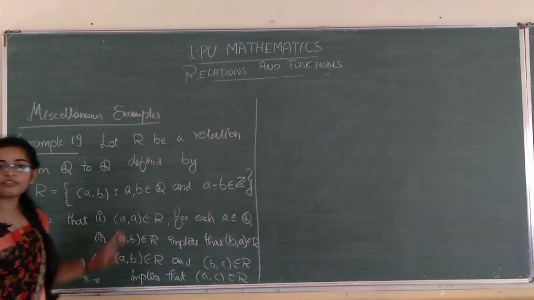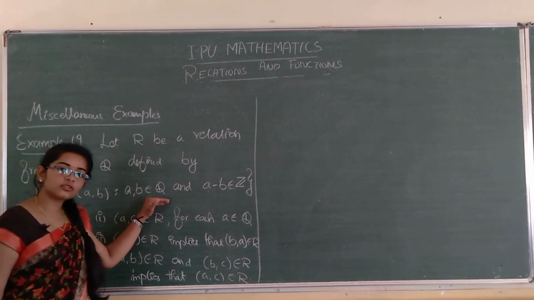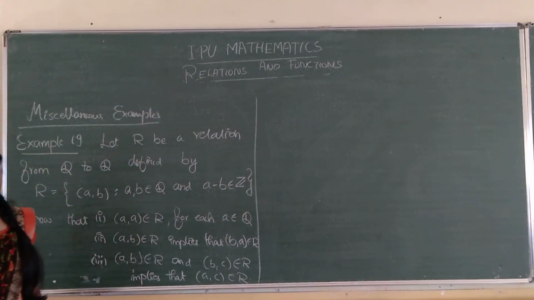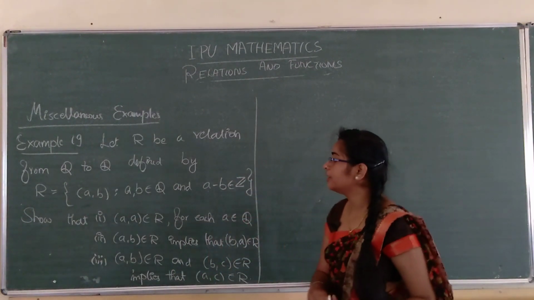See, the relation is defined like this: the set of all ordered pairs (a, b) where a, b belong to Q, are rational numbers, while a minus b is an integer. This is how we define the relation.